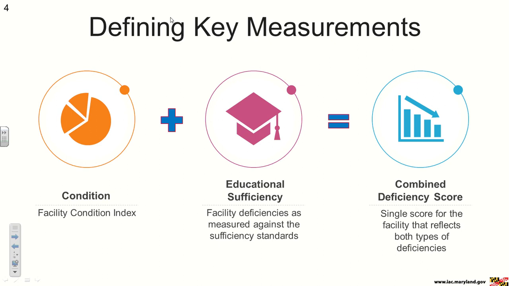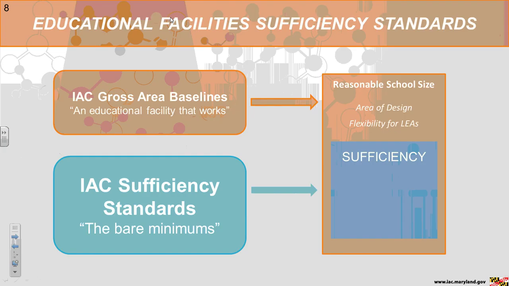How we measure the sufficiency, which is added to the FCI, is by taking the sufficiency standards and what these bare minimums might be and comparing them against the existing facility. I do have the wrong slide up.